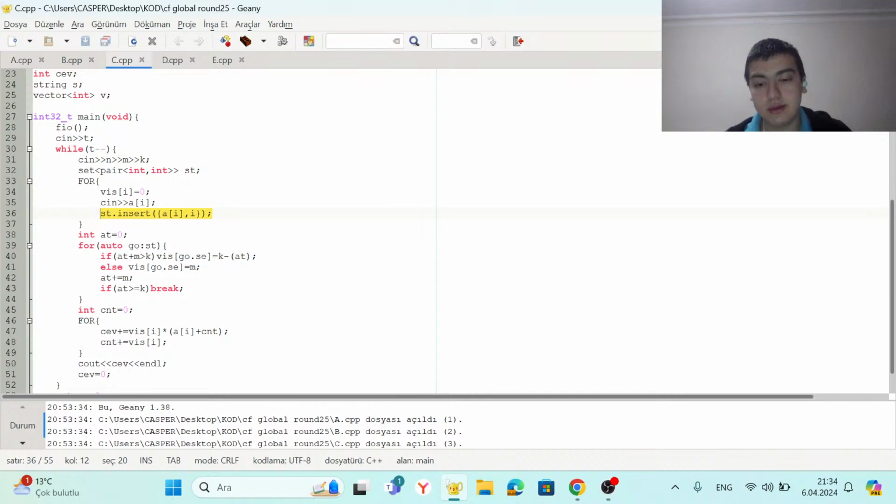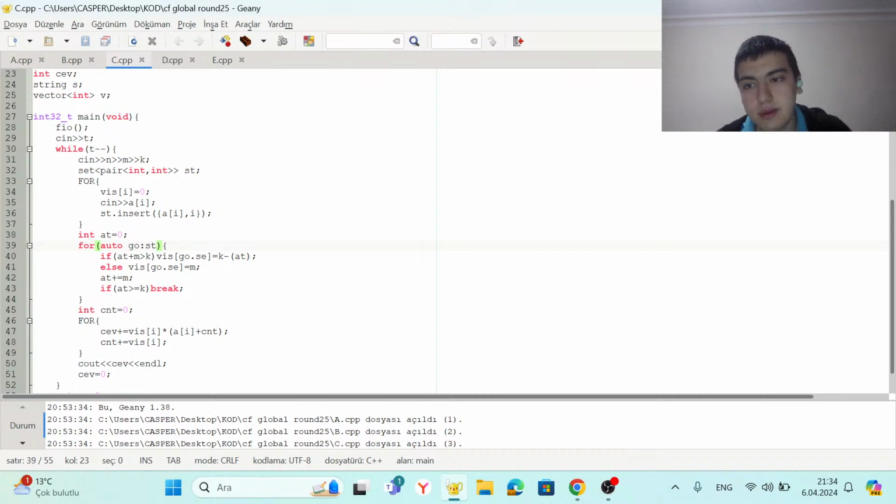how many tickets I should buy on which day. I will find that with this set. After that, I am iterating over the set from the smallest element to the biggest element.